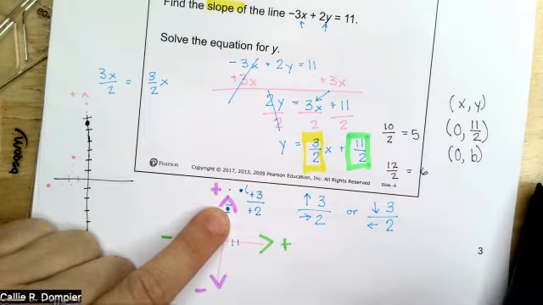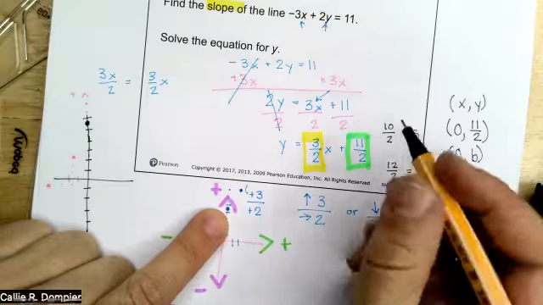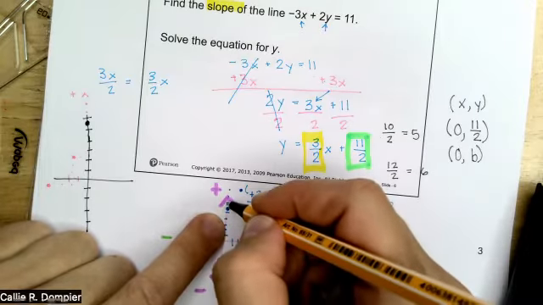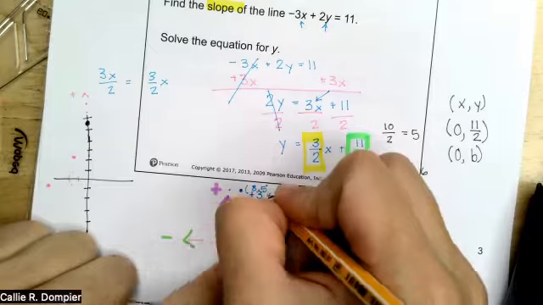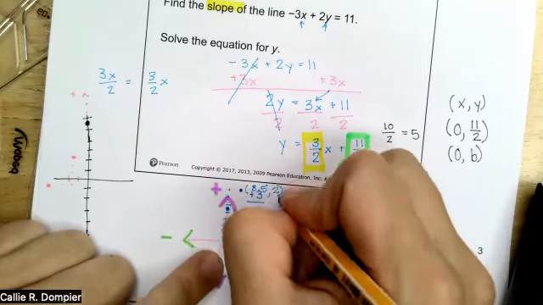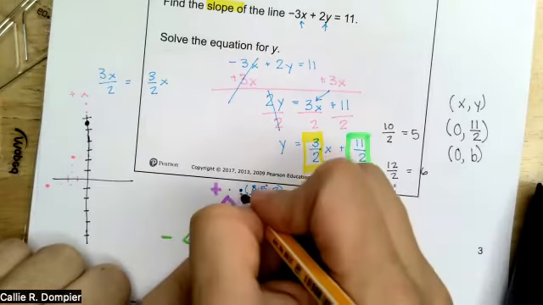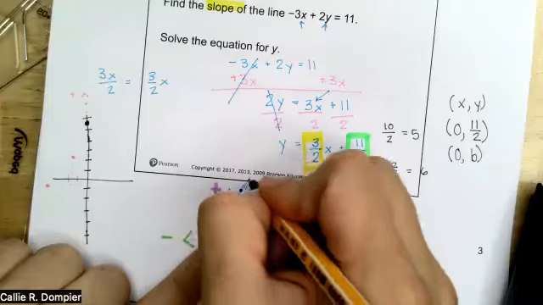So that was 5.5. Now it's 6.5, 7.5, 8.5. So that's now 8.5. And then my x value is just 2, right? So I could get to that number on my graph.